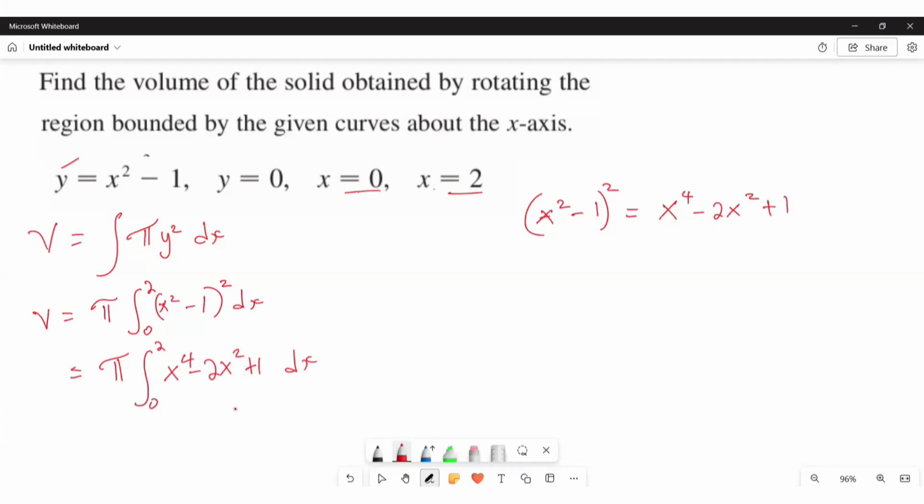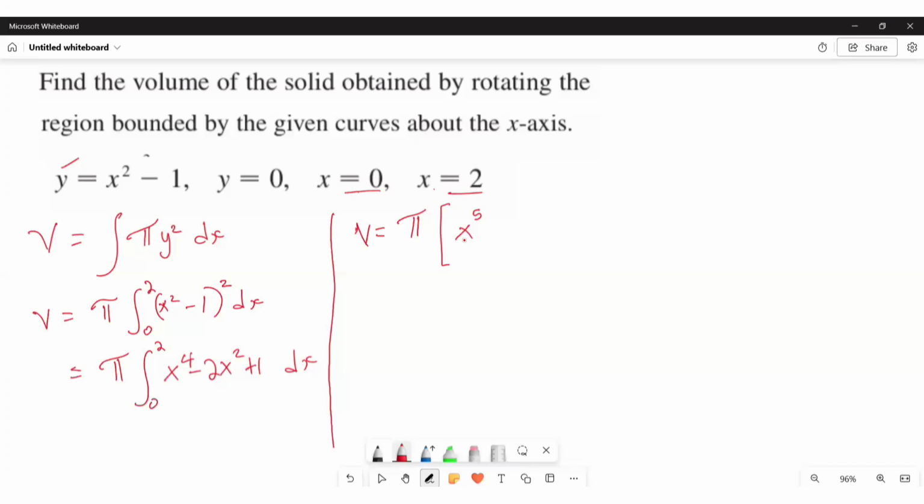So we're going to try to integrate this right about now, okay? So let's get into that. So in doing so, volume is going to equal, leave the pi outside. We're integrating now, right? So we're going to add 1 to the power of 4, making it the fifth, and then we divide by that new power, okay?